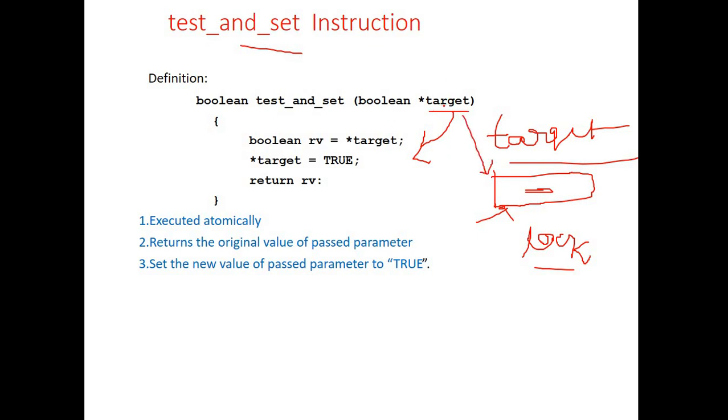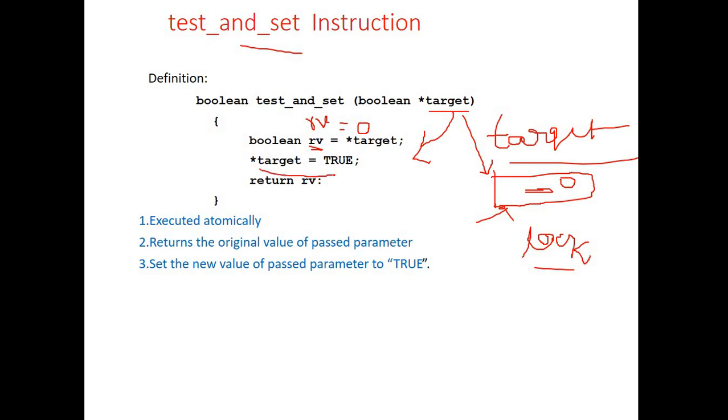The value of the target variable is stored into some temporary variable called the random variable RV. RV is a random variable that receives the value of the target variable. So what is the value passed here? The lock variable value. What is the lock variable value initially? It is 0. So the value of the Boolean variable RV will become 0 now.